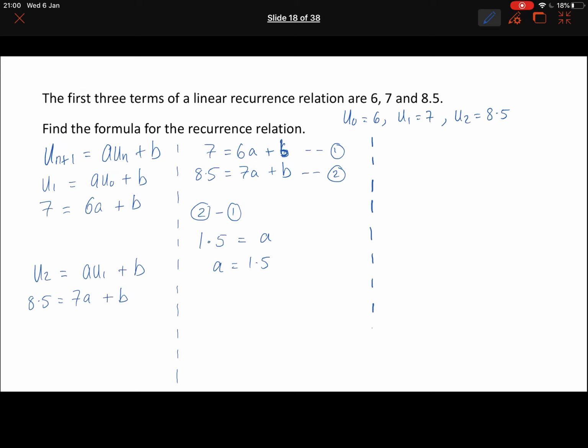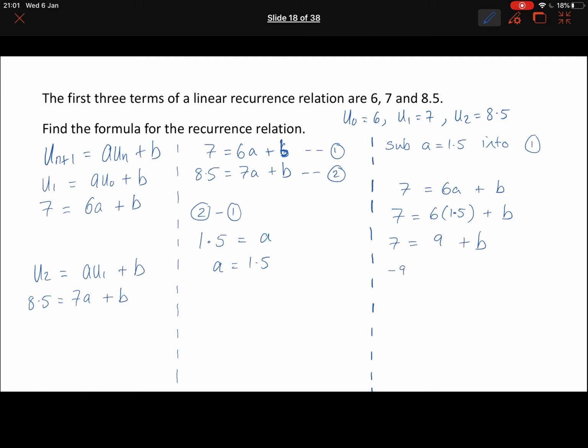Now what we're going to do with that is substitute it into one of our equations to find out the value of b. So let's sub a equals 1.5 into equation 1. If I write out equation 1, which was 7 equals 6a plus b, so I get 7 equals 6 times 1.5 plus b, so 7 equals 9 plus b.